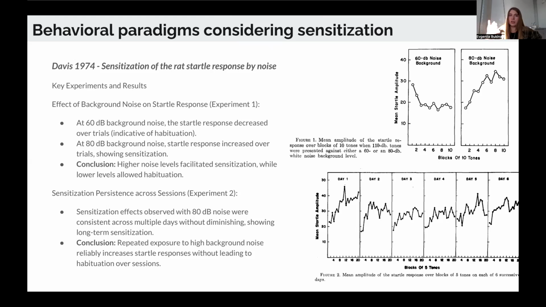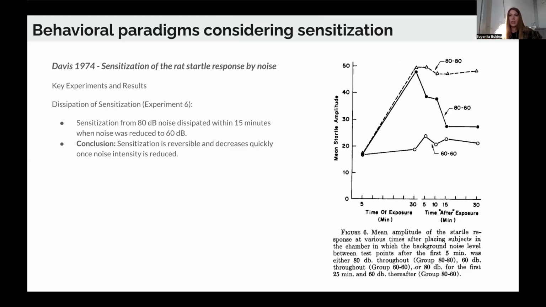Sometimes habituation can decline over time when the animal gets used to it, but in this case, no. But they showed that once they stopped that background noise and dropped it to 60 again, this startle response disappeared.